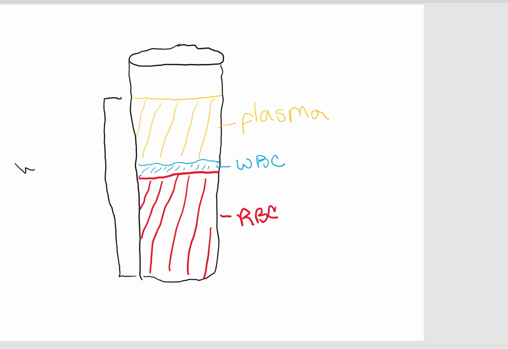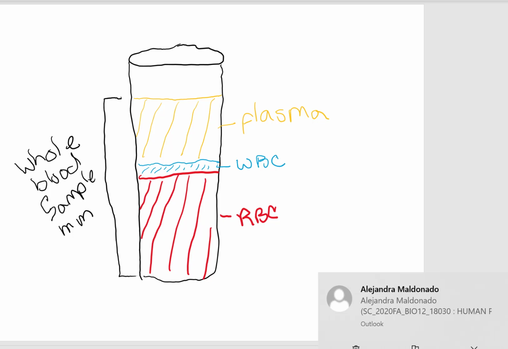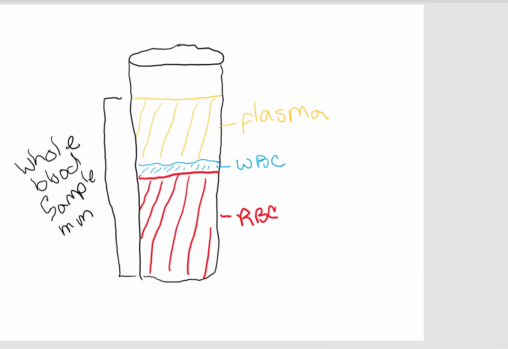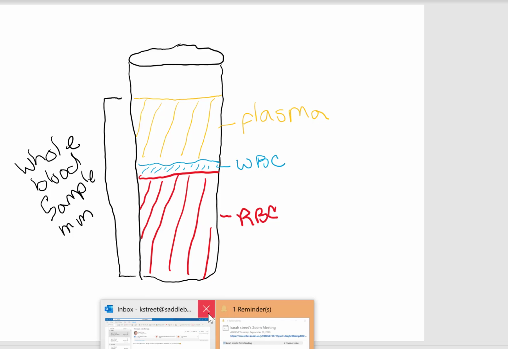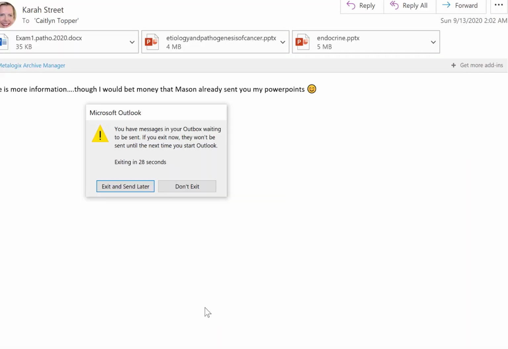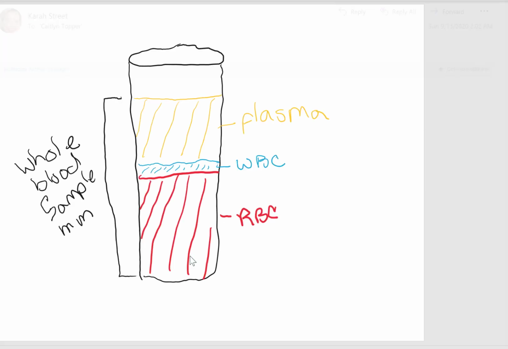So you measure the whole blood sample in millimeters.